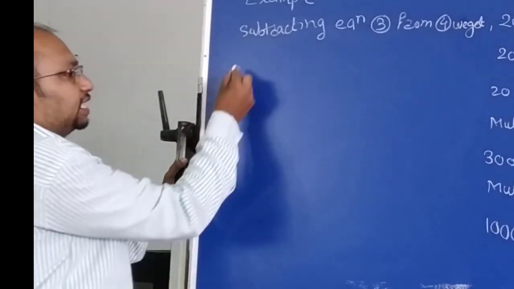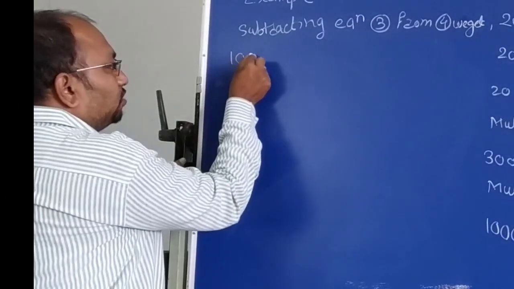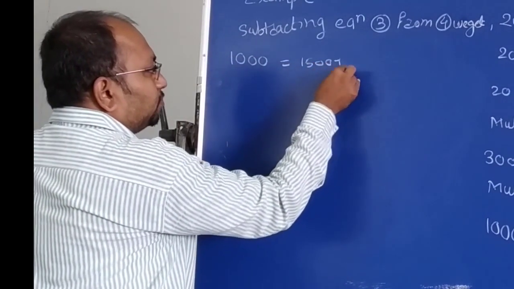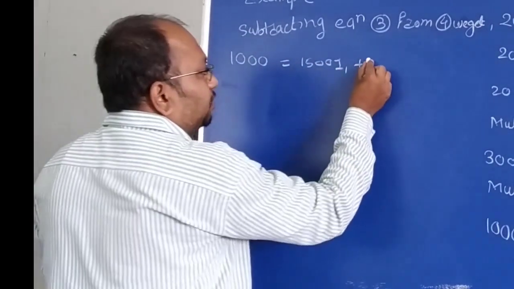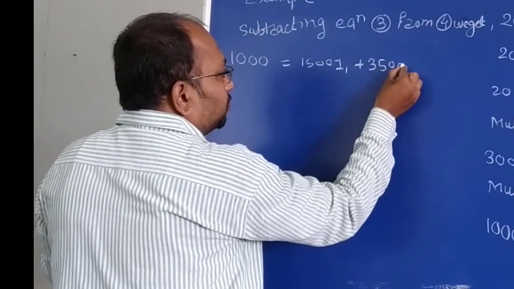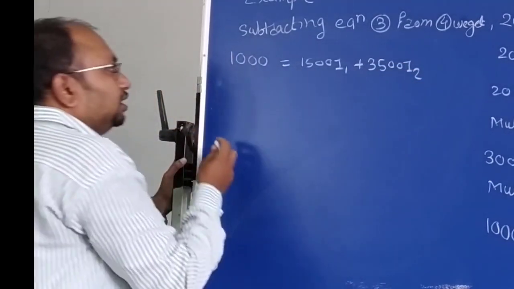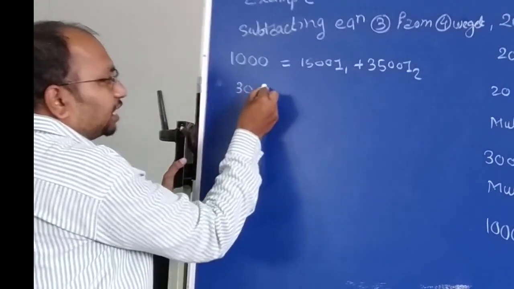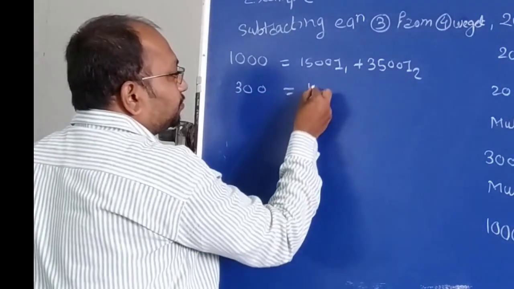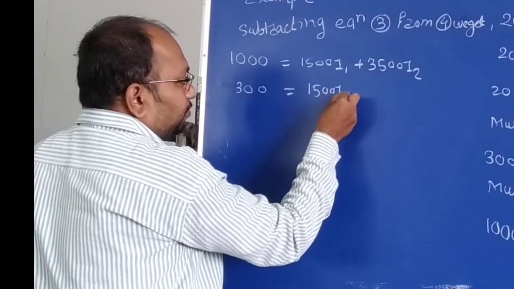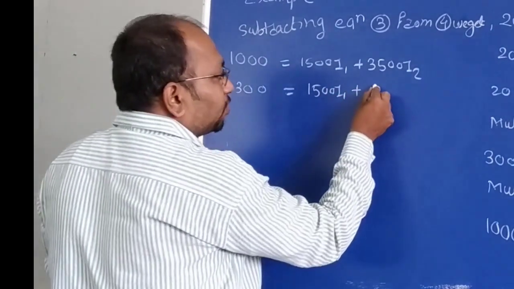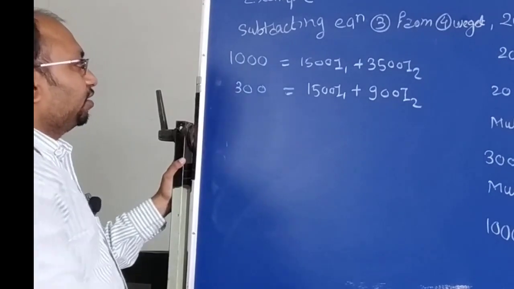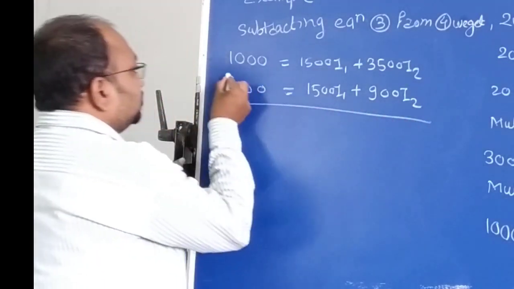Let us write equation number 4 over here. 1000 is equals to 1500 plus 3500. This is your equation number 4, and from that we are going to subtract equation number 3. Okay, fine. So let us do the subtraction.